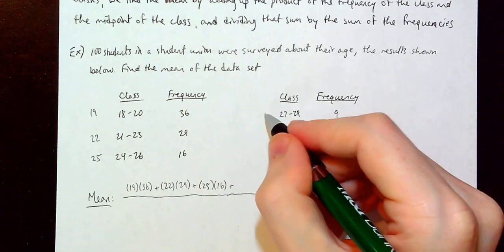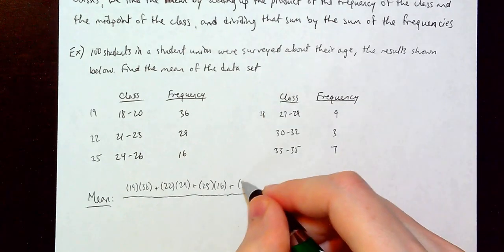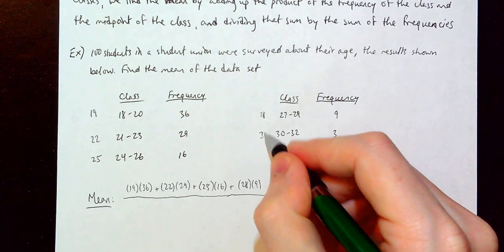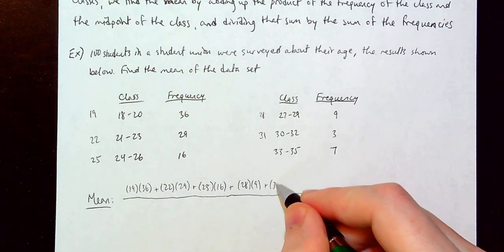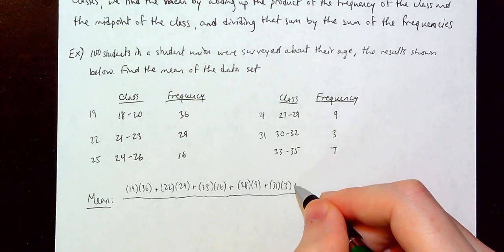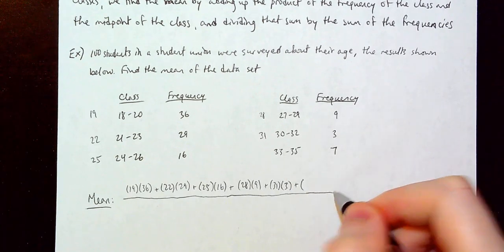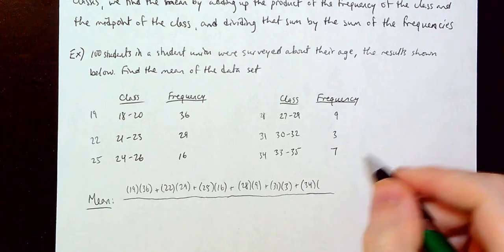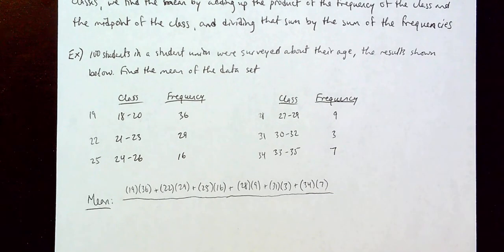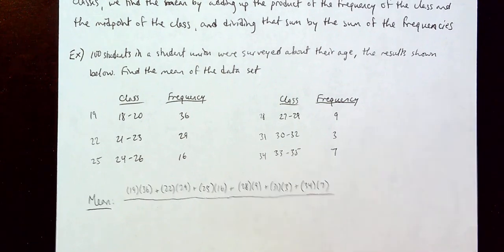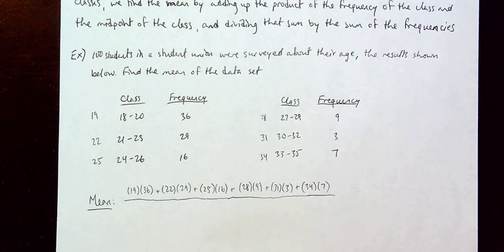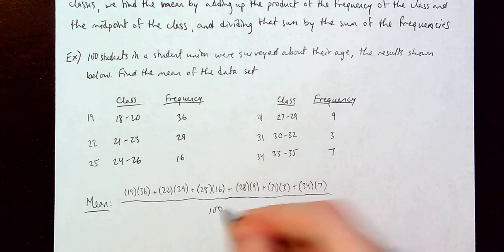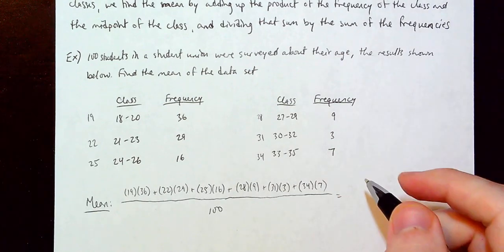Halfway between 27 and 29 is 28, multiply it by 9. Halfway between 30 and 32 is 31. Multiply that by 3. Halfway between 33 and 35 is 34. Multiply that by the frequency of 7. And I'm dividing this whole thing on the top here by the sum of these frequencies, which we said was 100.